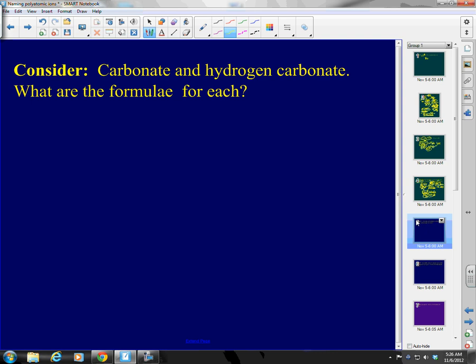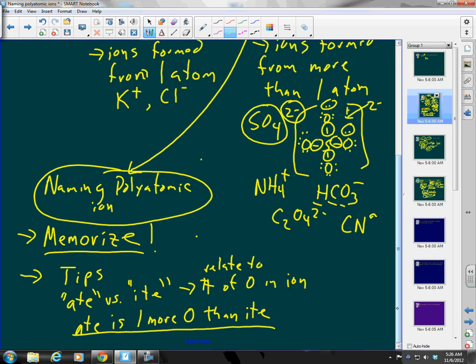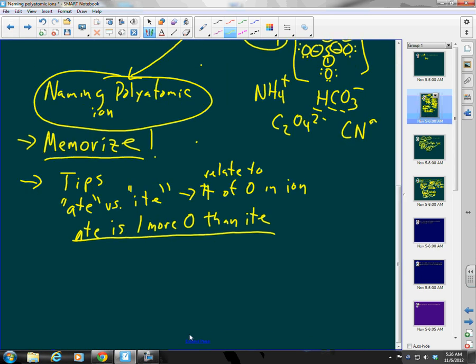Consider carbonate and hydrogen carbonate. Okay, let's go back to our list of tips. Tips. Hydrogen. When you see hydrogen in a name, that means you're doing what? That means you are adding a proton.